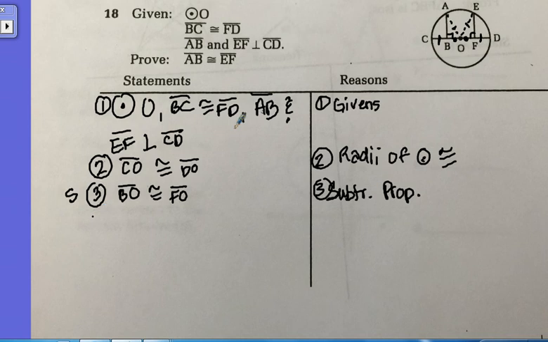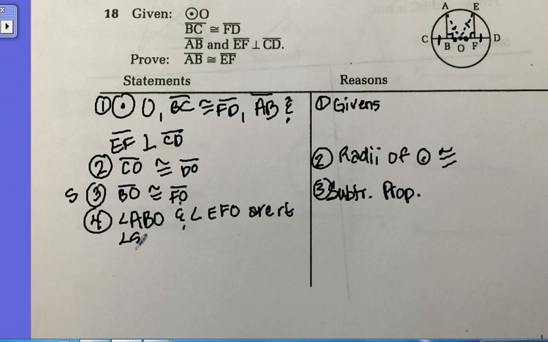Now coming off of this perpendicular given, we can state that angle ABO and angle EFO are right angles.